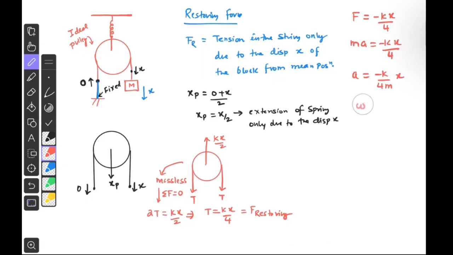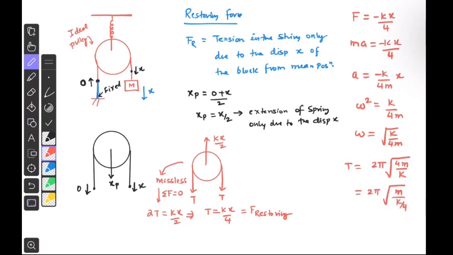So our omega square is k by 4m, and omega will be root over k by 4m. So T will be equal to 2 pi root over 4m by k, or I could write it as 2 pi root over m by k by 4.